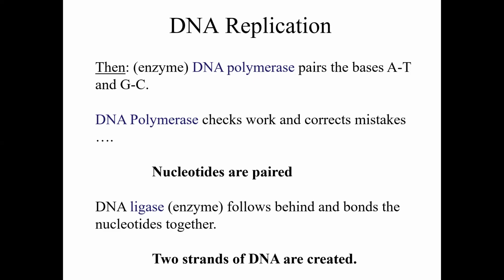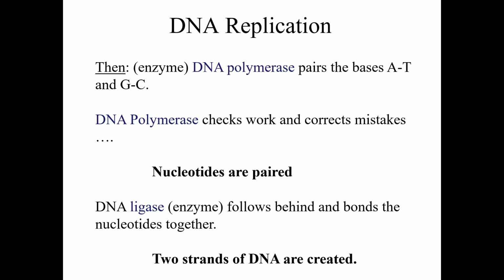Now, next one, because the bases have been exposed, DNA polymerase, the third enzyme, will now come and add A to T, G to C, and also it checks where there are mistakes, that is proofreading, check and correct the mistakes.